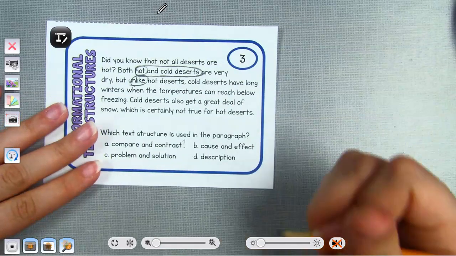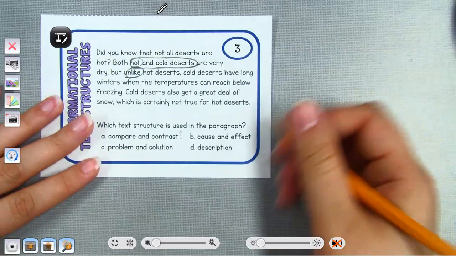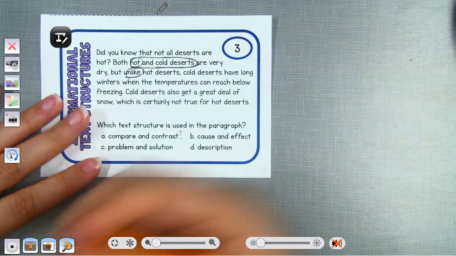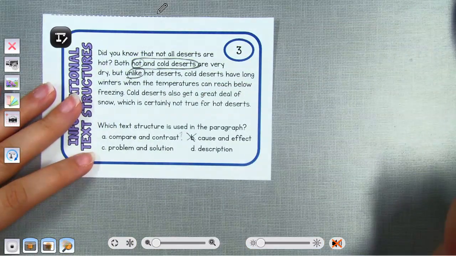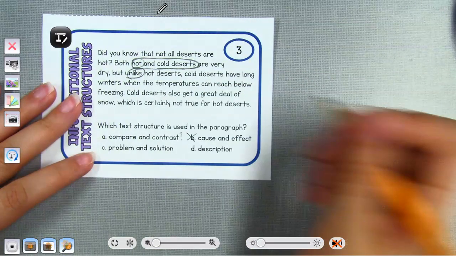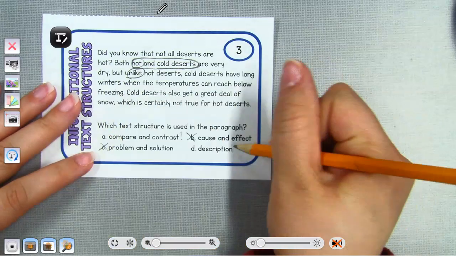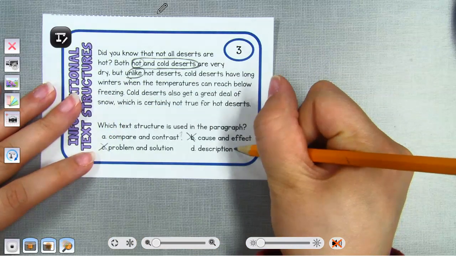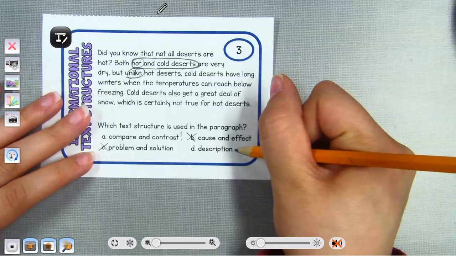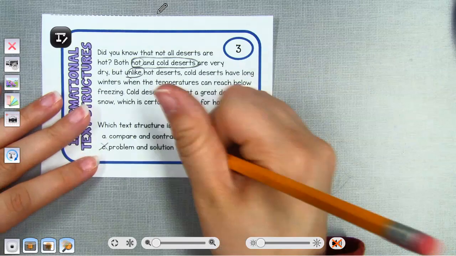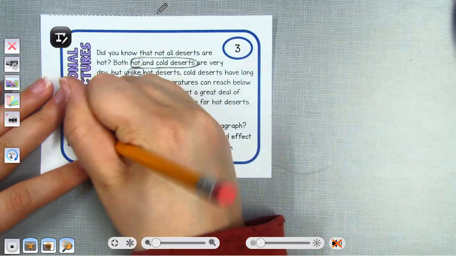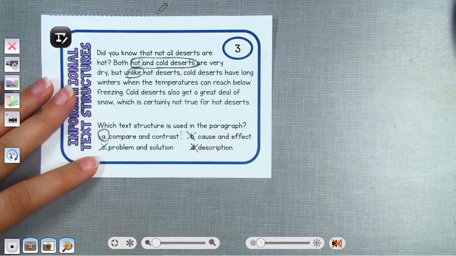Is it giving us the effect of what happened and the cause of why it happened? No. C, problem and solution. Is it telling us a problem and how they solved it? No. D, description. Guys, when it's a description, it's only going to be talking about one topic. Is it talking about one topic? It's talking about deserts, but it's talking about hot and cold deserts. So no. So A, it's comparing the two.